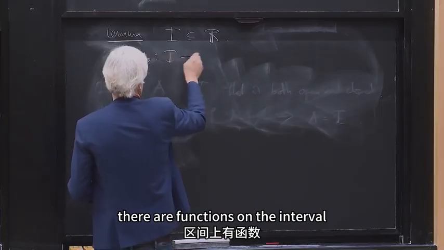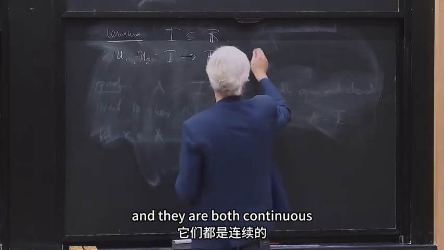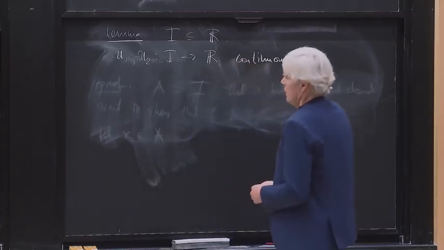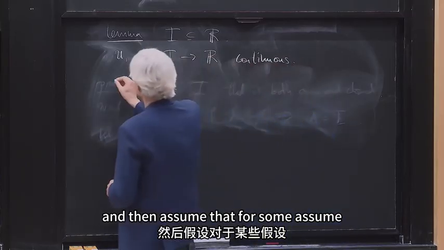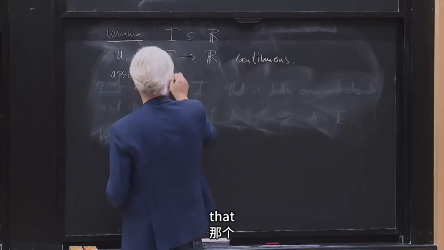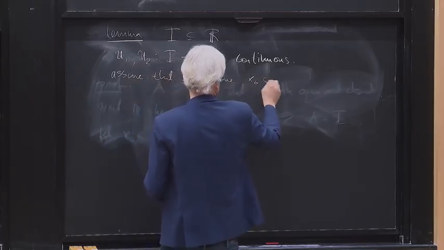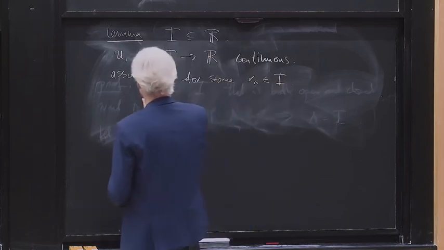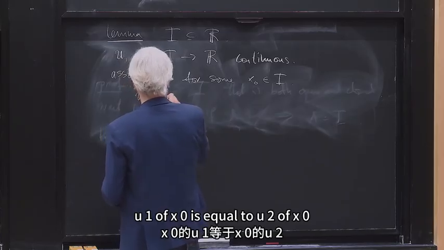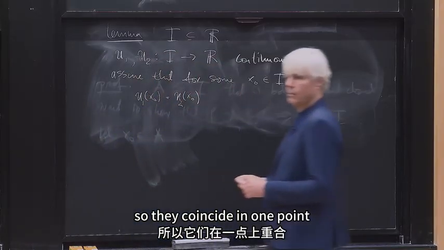They are functions on the interval, and they are both continuous. And assume that for some x0 in the interval, u1 of x0 is equal to u2 of x0. So they coincide at one point.